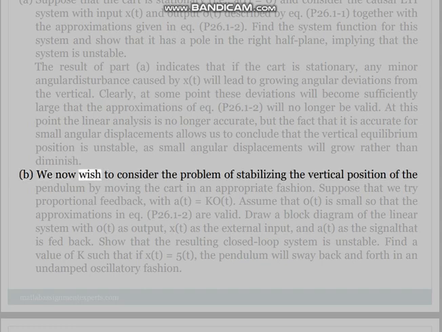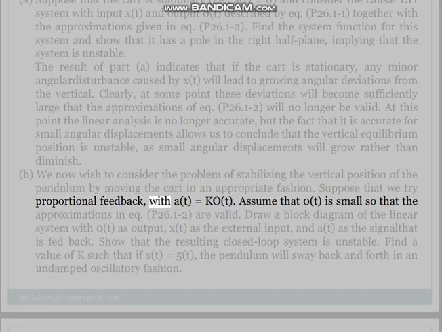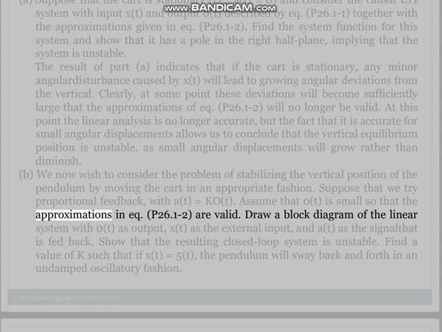B. We now wish to consider the problem of stabilizing the vertical position of the pendulum by moving the cart in an appropriate fashion. Suppose that we try proportional feedback with a(t) equals kθ(t). Assume that θ(t) is small so that the approximations in Equation P26.1-2 are valid.